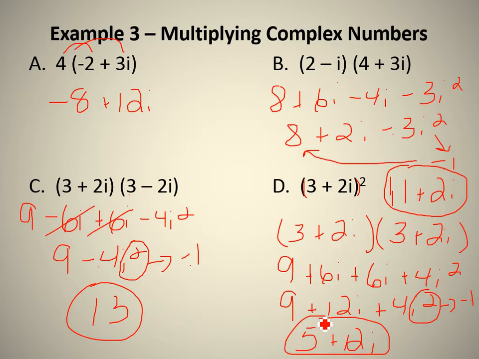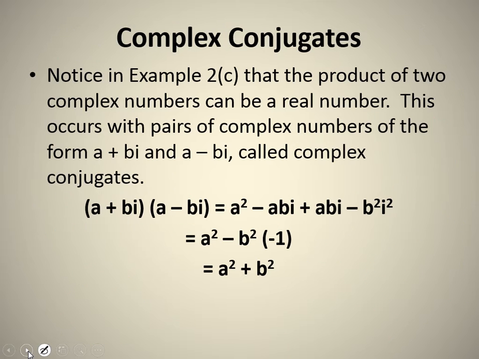So some other things that we can do with complex numbers. We can add them, we can subtract them, and as you can see here, we can also do some different things with multiplication. So the other thing we're going to look at in regards to complex numbers is what's known as a complex conjugate. And a complex conjugate is of significant importance when we're talking about trying to remove an imaginary unit from the denominator of a fraction.